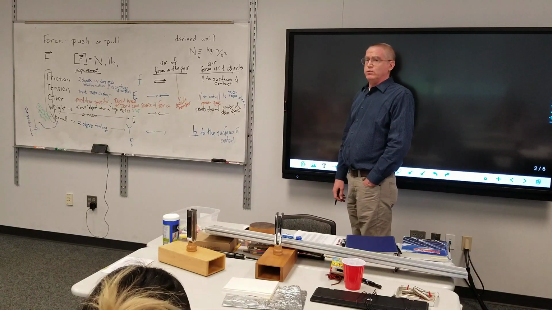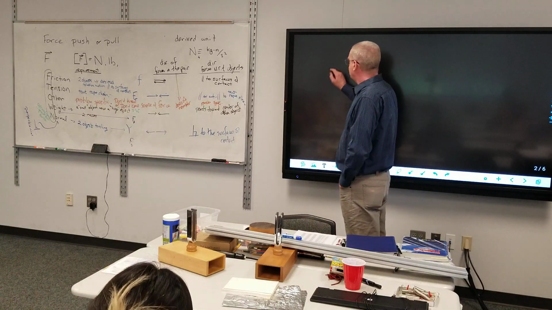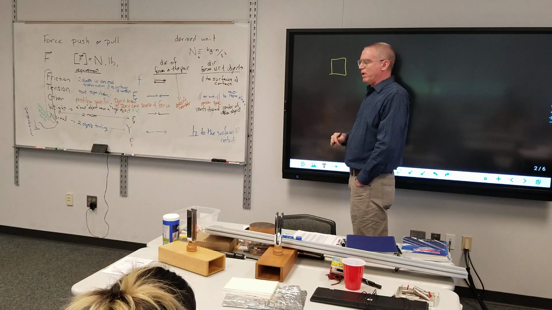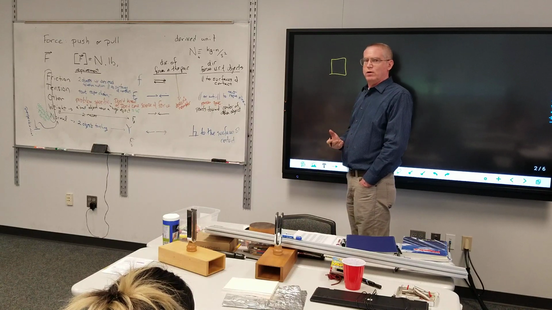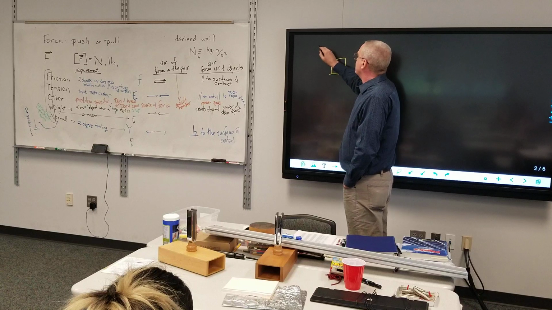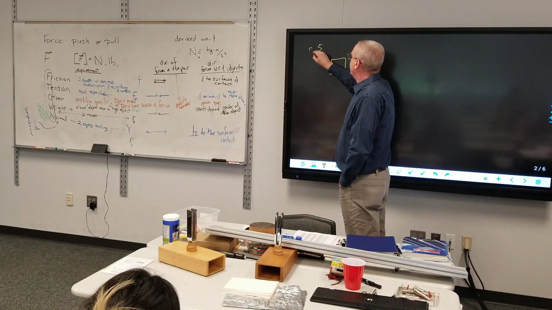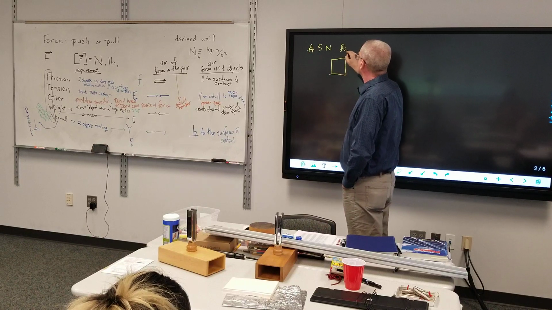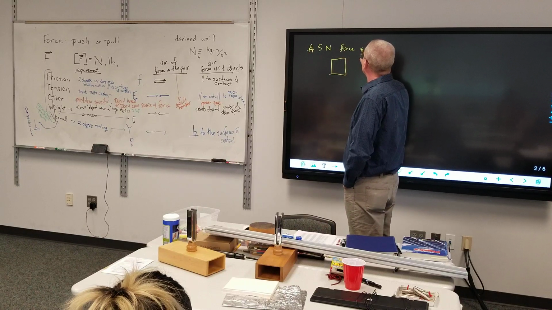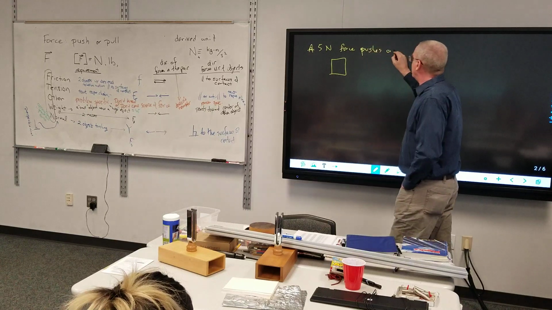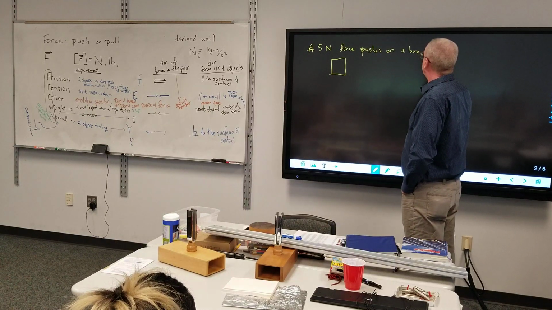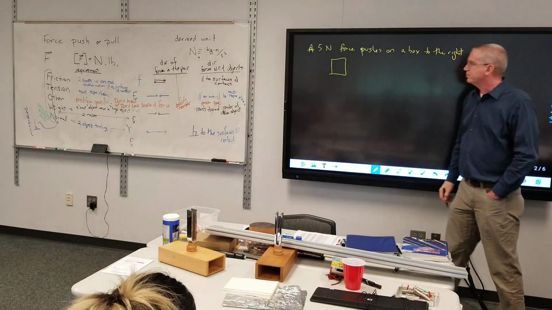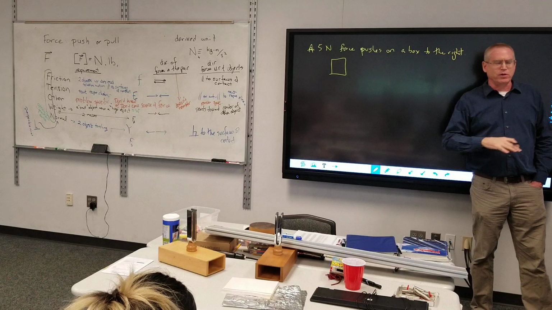A box has a 5 Newton force acting on it. Whenever you're given a problem, I strongly suggest you actually draw a picture of it. So we have a box, or let's just say a 5 Newton force pushes on a box to the right. So first off, we're just going to draw it.